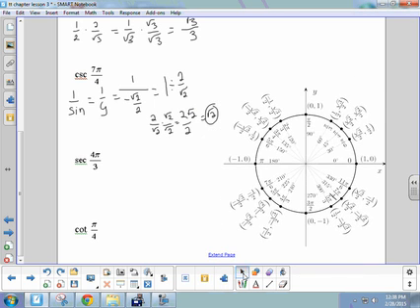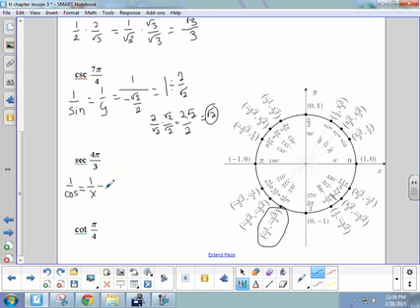All right, let's go ahead and do a couple more. Secant is 1 over cosine, which would be 1 over x. So let's go ahead and find out where 4 pi over 3 is. My x-coordinate is negative 1/2.